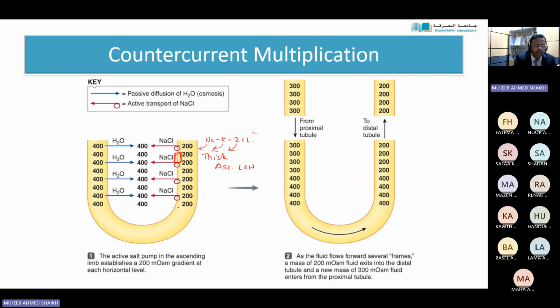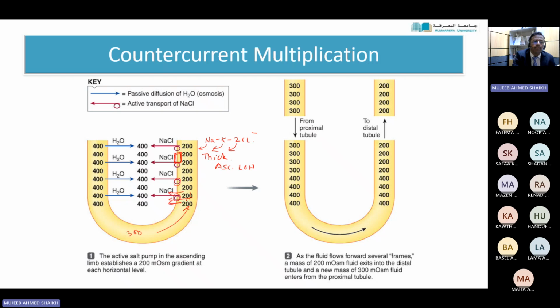So suppose the solution which is coming here is 300, that means some osmoles are there, sodium and potassium are making the osmolarity. If it comes here and there are channels, what will they do? They will take sodium, they will take potassium, they will take chloride. So will the osmolarity remain the same, increase or decrease?